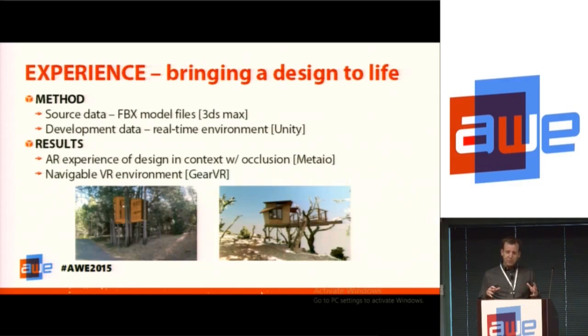The last stage is mostly when they're interfacing with the clients, bringing the experience of what this magical structure will really feel like long before the first nail is hammered. We take the same 3D data sets we've been using through design and bring them into Unity or some other real-time environment to create augmented reality experiences where we can see the real scale of the structure in place outside in the tree, or even VR experiences where we don't have to be on site, or where we want to present to multiple people remotely.